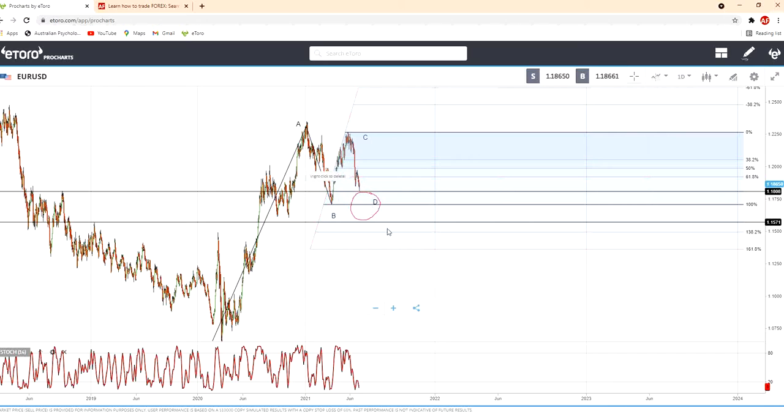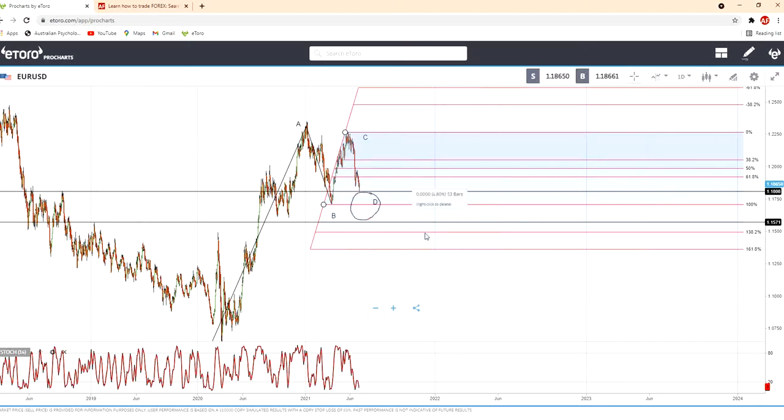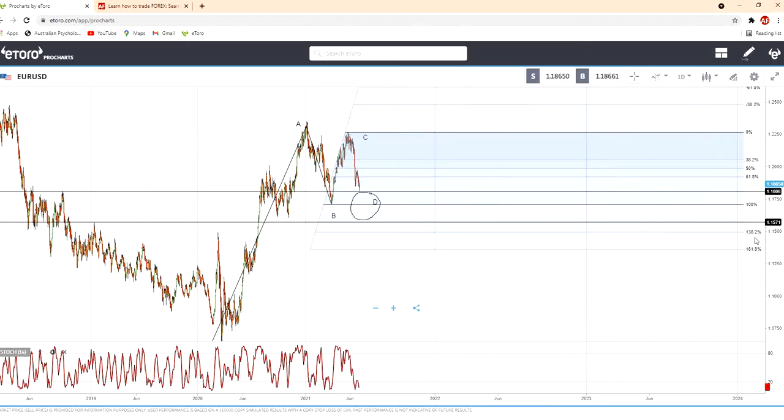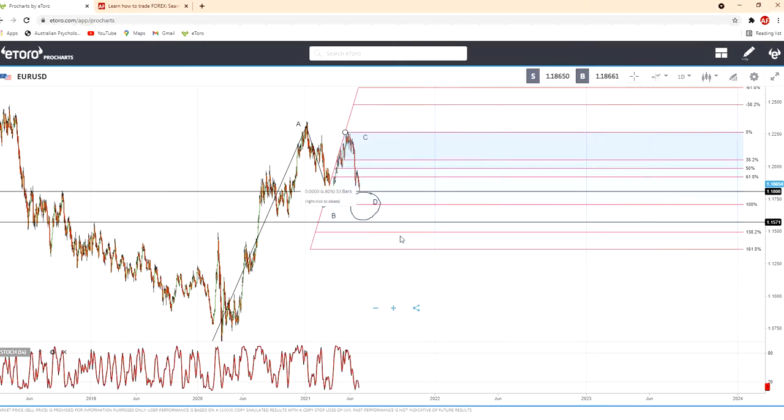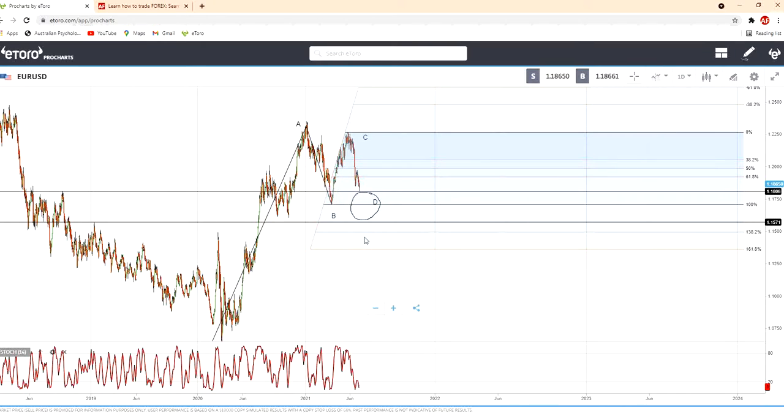For example, here you can put a stop loss somewhere below 138, somewhere here, and then after price moves a bit up, a trailing stop loss also would be a good thing to use.